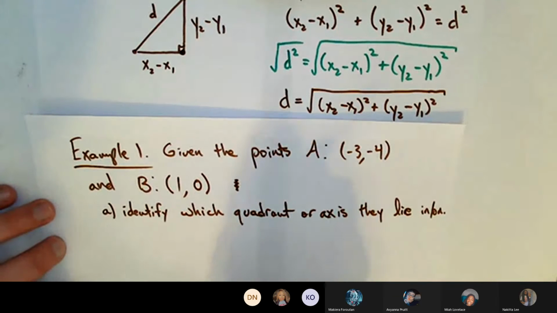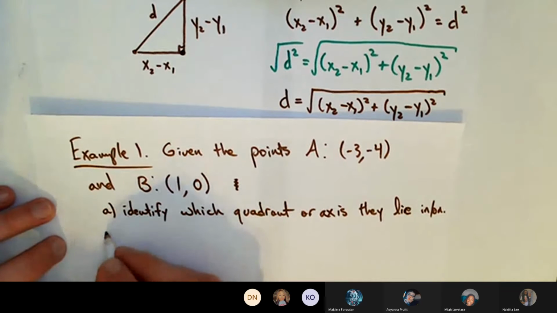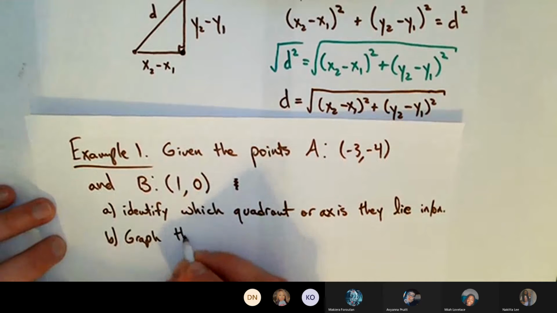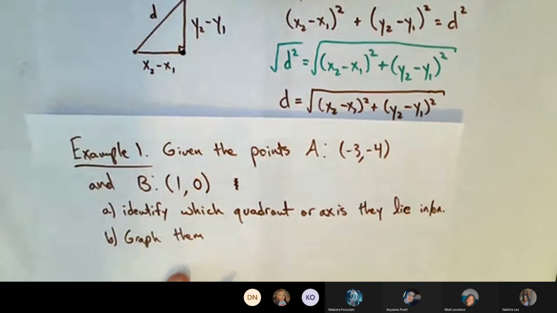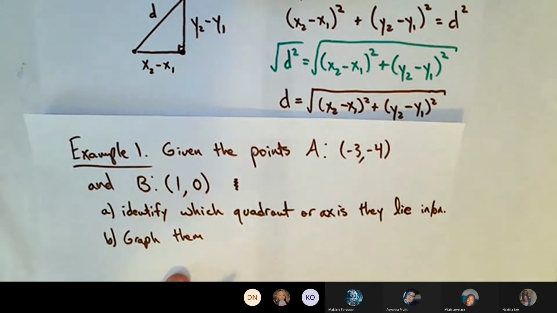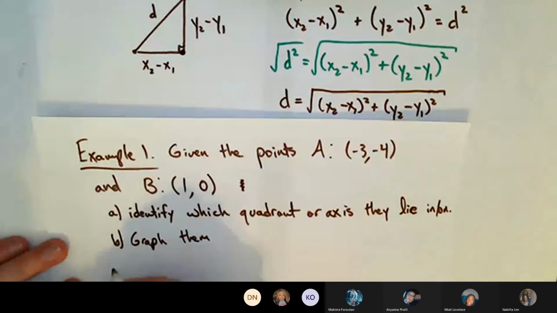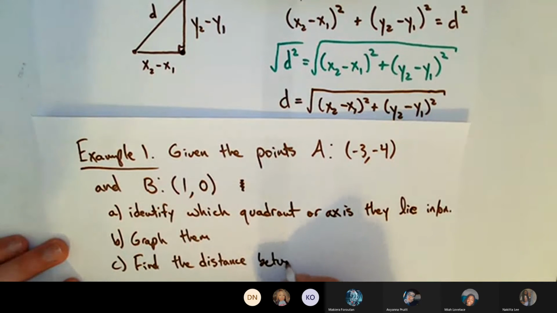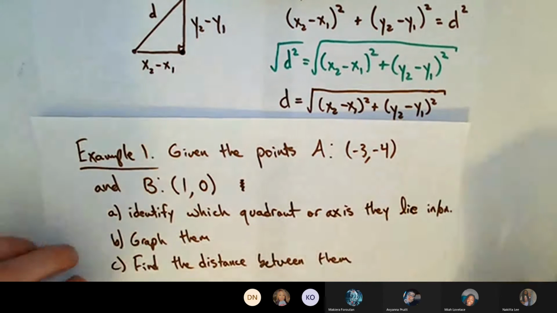If they're in a quadrant, we would say they lie in the quadrant. We're going to graph them, and we could do part B first if we want. In fact, I probably will do that, and also find the distance between.